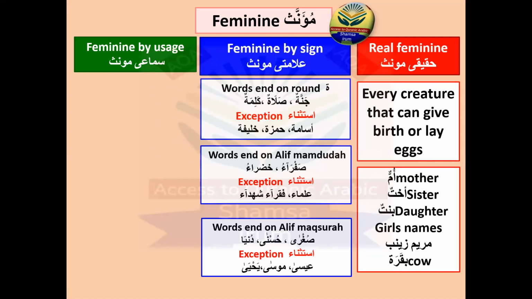And the third category is feminine of usage. Body parts in pairs, like udhunun, ainun, qadamun, rijlun.